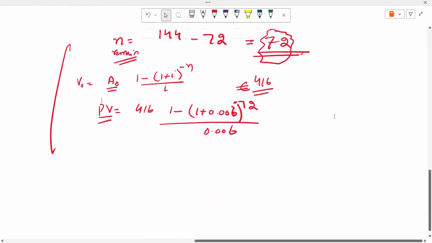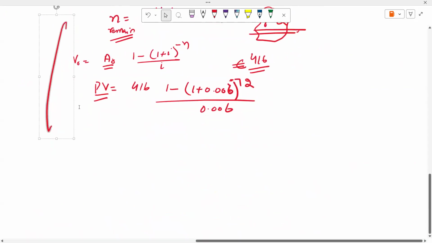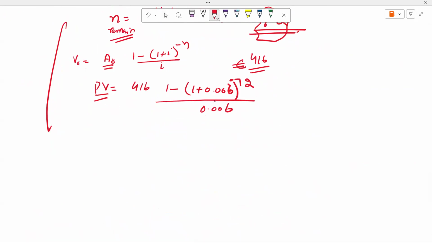And how many months are you going to pay? 72 months. Because you want to pay today, you need to find the present value of all the future values that you would have been paying. So in this case, the difficult part would be to find the value of 1.006 to the power minus 72, because this is a bit difficult. I'm referring to this one. Once you know the value for this, you can simply do the simple maths.